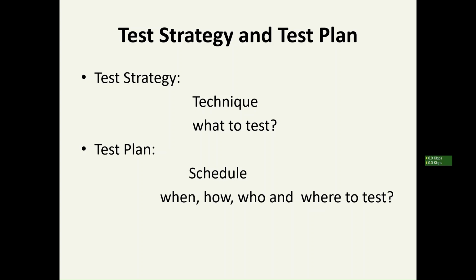The test strategy document tells about what to test, like you do integration testing, system testing, system integration testing, and then security testing and performance testing. Out of scope, UAT testing will be done by UAT testers. What to test will be clearly mentioned in your test strategy document.